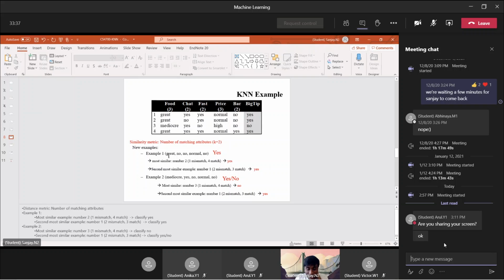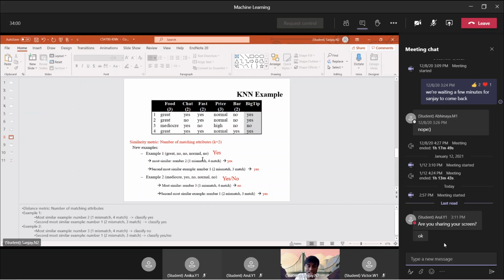In this situation, if we have another training example, which is the food is great, the service is not that good, the food is not fast, the price is normal, and there is no bar, would you give them a big tip or not? So we use the same Euclidean distance metric to figure this out, and first of all, k equals 2, so looking for the 2 closest neighbors.